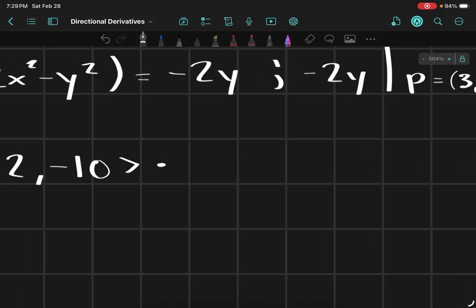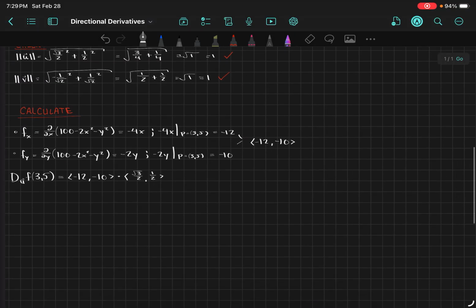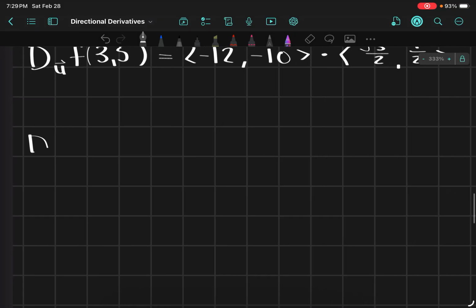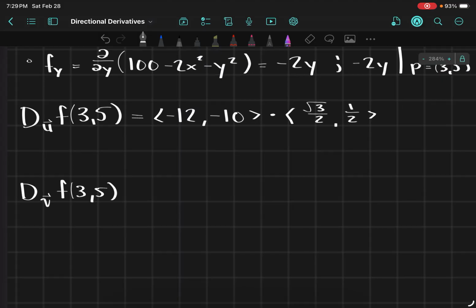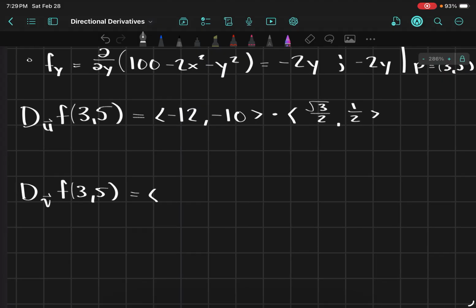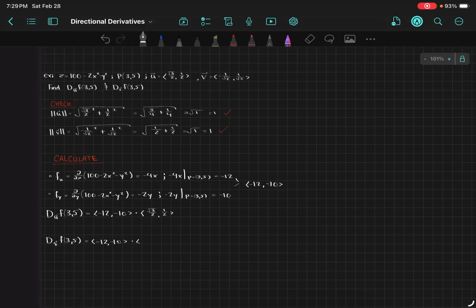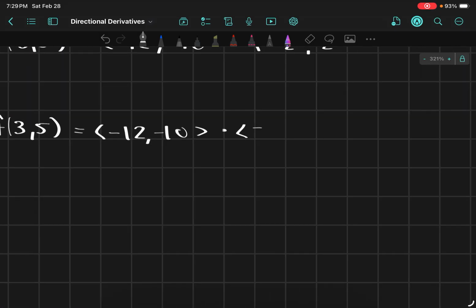So that's going to be times root 3 over 2, 1/2. Conversely, we have our other directional derivative that we were asked to find, the directional derivative in the v direction of our function at 3, 5 is going to equal the same thing, negative 12 and negative 10. The dot product of, let's see, what was this? Negative 1 over root 2, 1 over root 2.